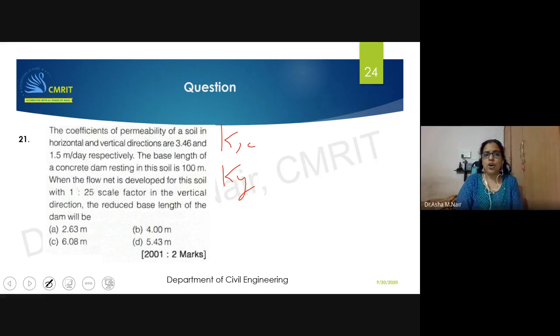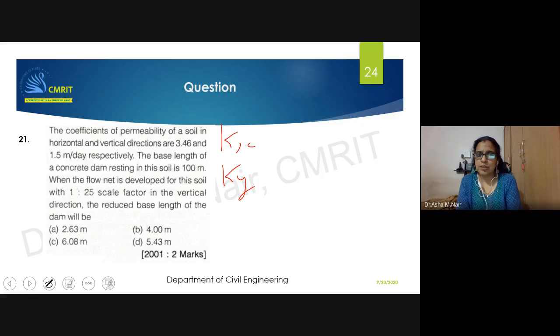The base length of a concrete dam resting in the soil is 100 meter. So already you are given that in the field case, the value for the base length of the concrete dam is 100 meter. When the flow net is developed for this soil, with 1 is to 25 scale factor in the vertical direction, the reduced base length of the dam will be.